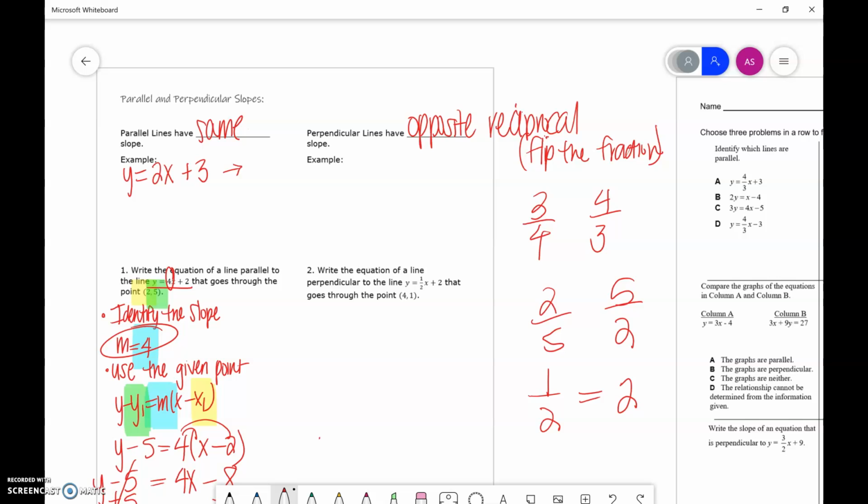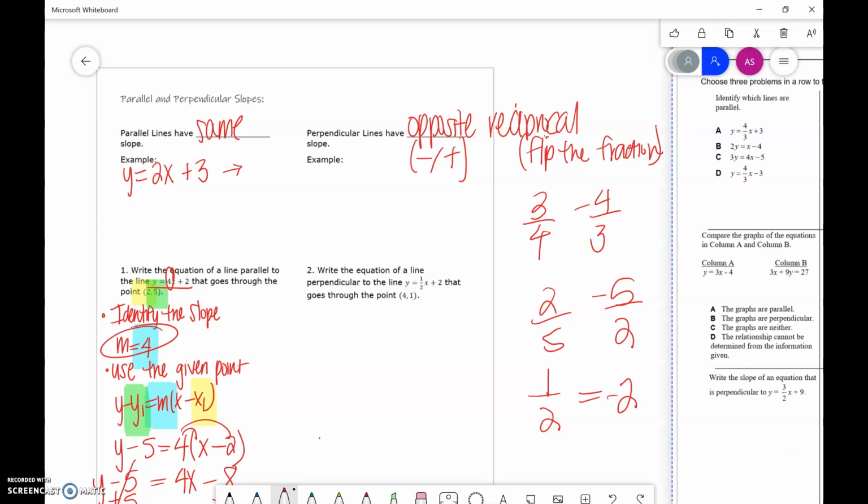Now, when we say opposite, opposite has to do with our negative and positive. So when I find the opposite reciprocal, I also have to make the operation the opposite. So if I started off with 3/4, that's going to be -4/3. If I start off with 2/5, that's going to be -5/2. If I start off with positive 1/2, that's going to be -2.